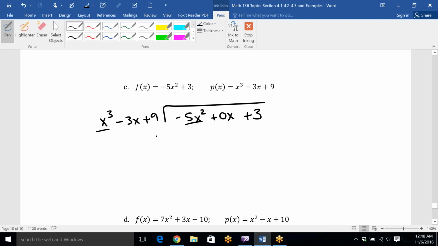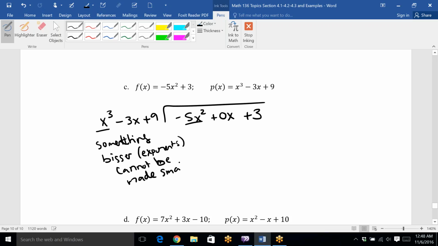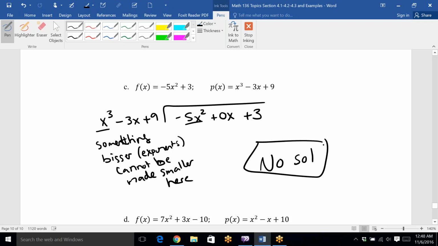But something bigger cannot be made smaller when we're doing long division. That's by exponents. Cannot be made smaller here. So that means this is actually a no solution case.